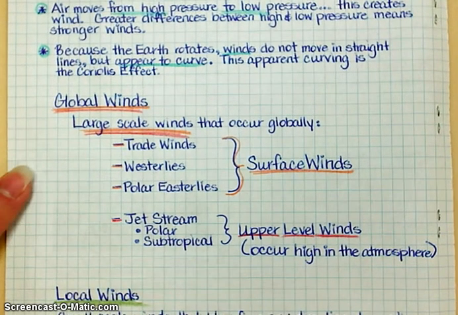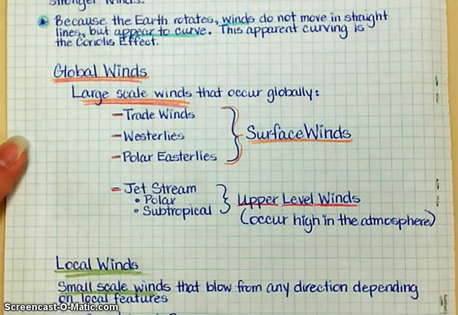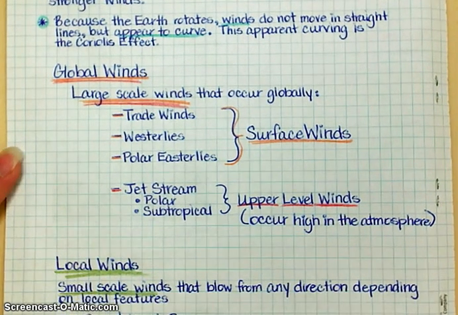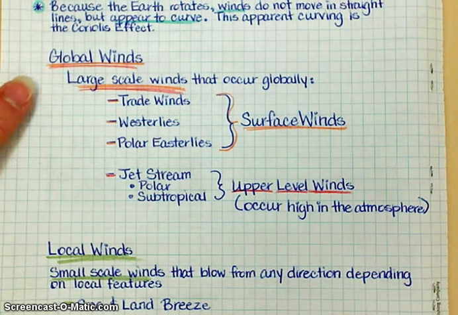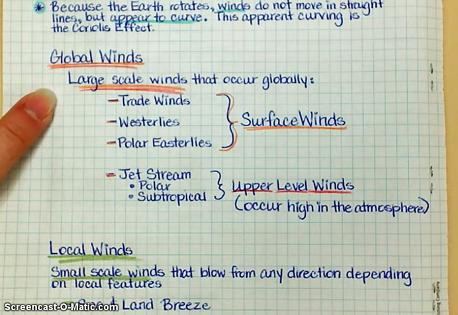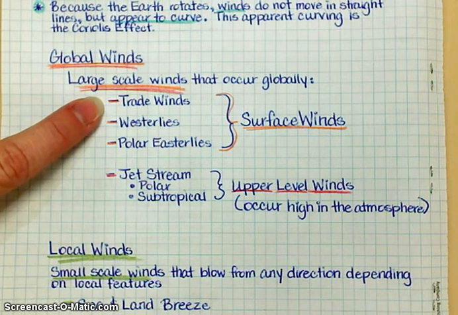And then the rest of the lesson talked about types of winds. We talked about global winds. Those are large-scale winds that occur around the globe, okay? And they blow from a particular direction most of the time, okay? You have your trade winds, which occur between 30 degrees north latitude and the equator, and also between 30 degrees south latitude and the equator.